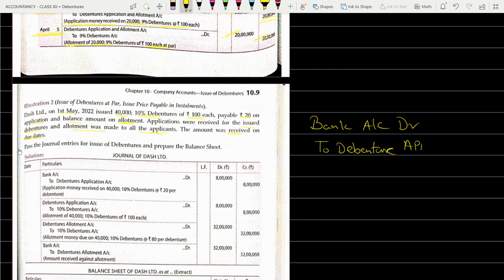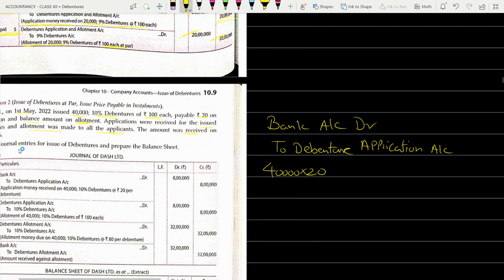The amount will be the number of debentures, 40,000 debentures, multiplied with the application cost, that is 20. If you multiply 40,000 into 20, you will get an amount of rupees 8 lakhs.